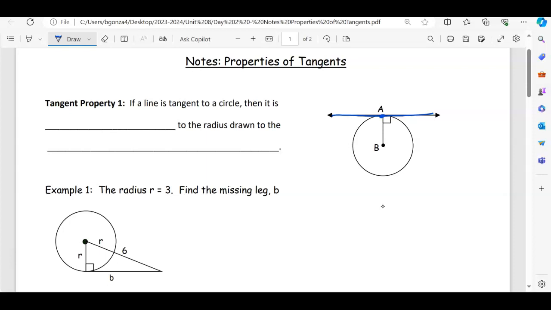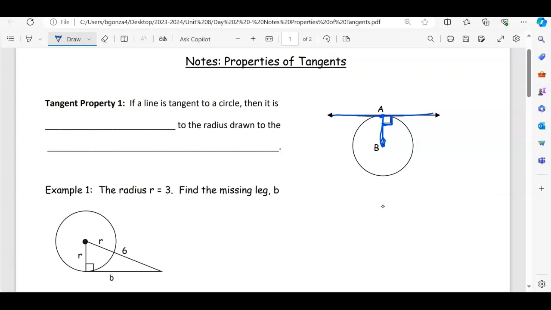And you see the radius from the center to that point of tangency. What kind of angle does that make right there? What do you see? Okay, you see 90 degrees where the radius and the tangent line touch. So what do you call it when 2 lines make a right angle?